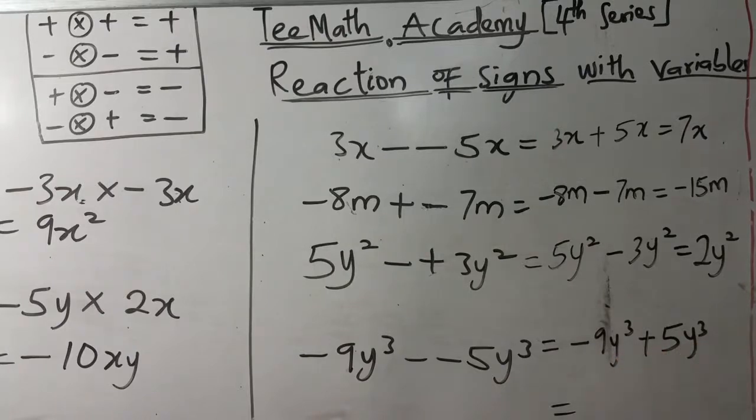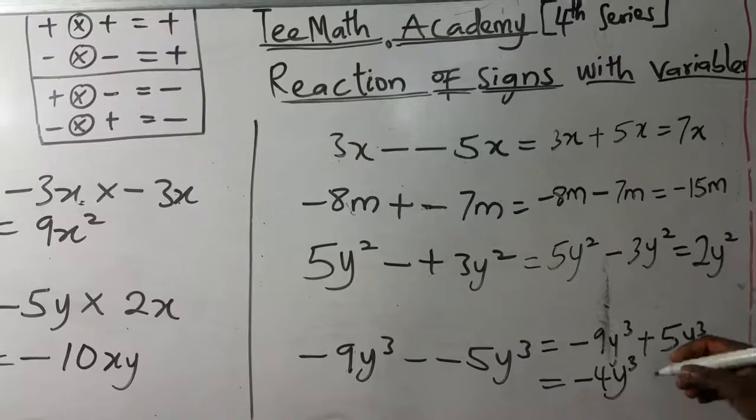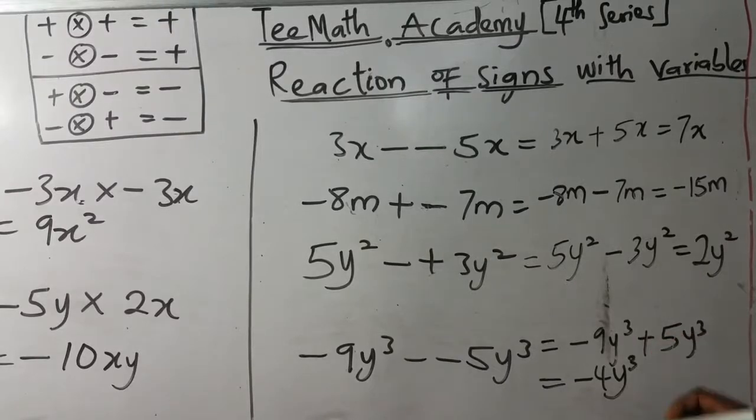You can subtract or add. So minus 9 plus 5. You are owing 9, you have 5. Once you pay the 5, you are still owing 4. So that will be minus 4y raised to power 3. So that is the final answer.